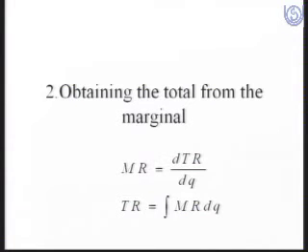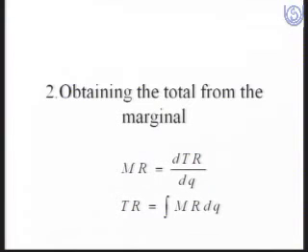Here our definition of integration comes to our help. We know, number one, that we had obtained marginal revenue by differentiating total revenue with respect to quantity, which is what your first equation says, right? And we also know from our discussion of indefinite integration that integration is the opposite of differentiation.